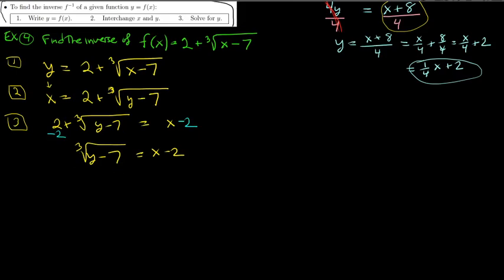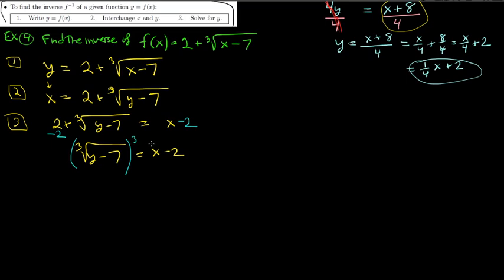So now what comes next? Well, if you're thinking add 7, be careful. The negative 7 is underneath the cube root. So before we can get rid of this negative 7 here, we got to undo the cube root. And how do you undo the cube root? You cube it.